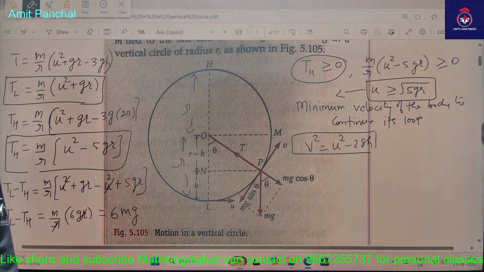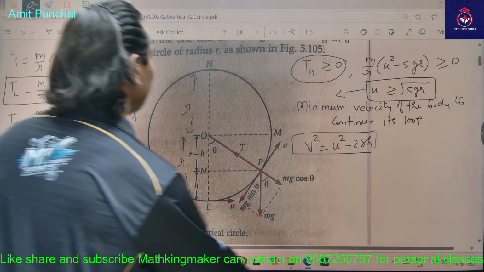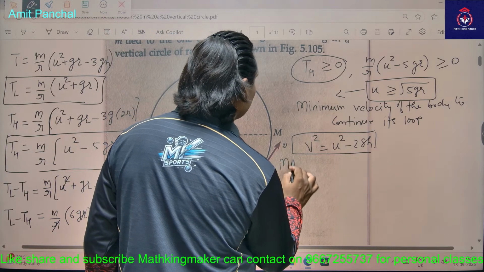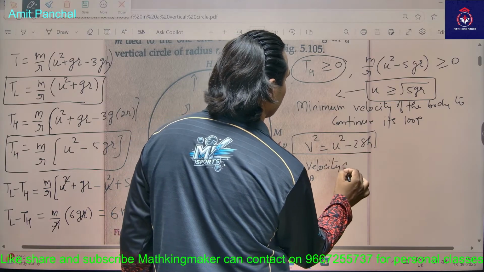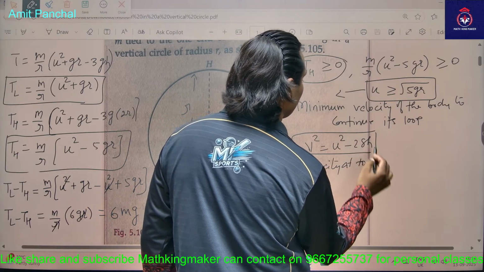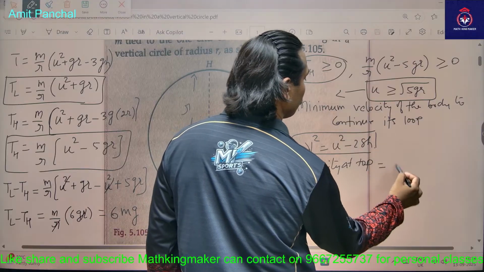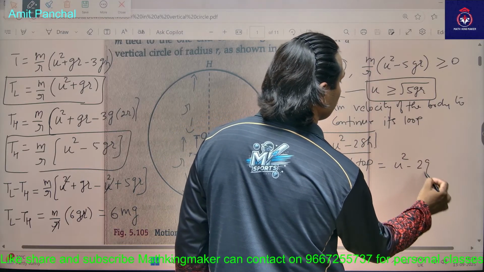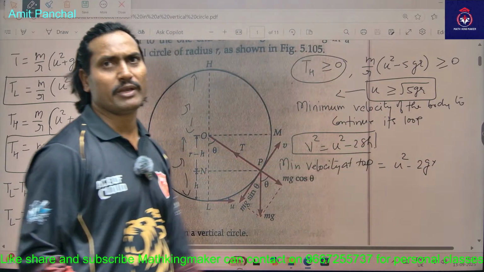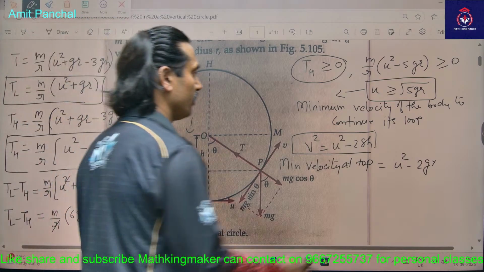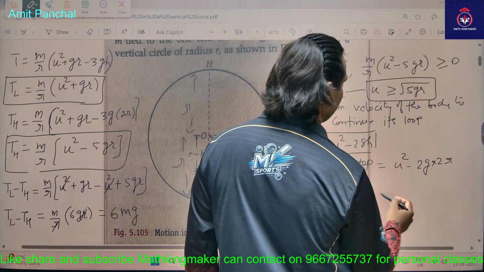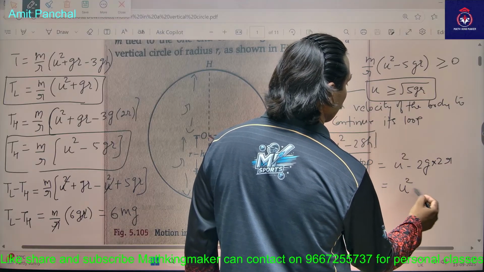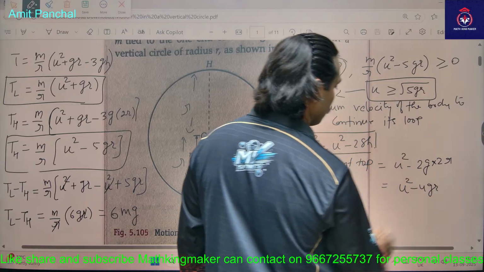It will be given by u square minus 2g, at the top h will become, sorry, 2R. So that will become u square minus 4gr.